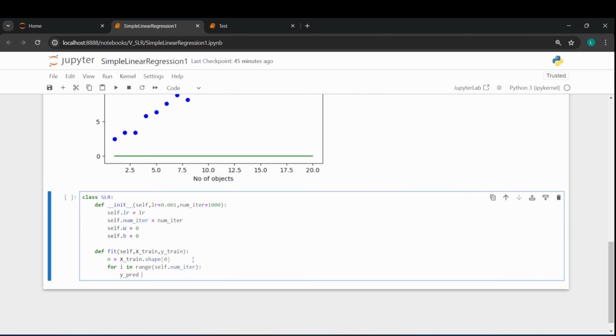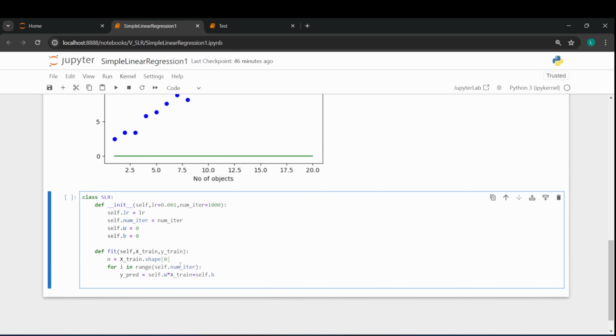So ypred equals get ypred, so we just need to substitute the x train values in the line equation, which is self.w into x train plus self.b. For the current value of w and the current value of b, we will get some predictions. Now let's calculate the dw value and db value.